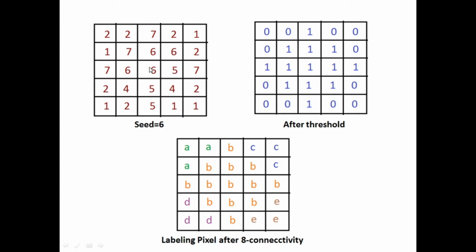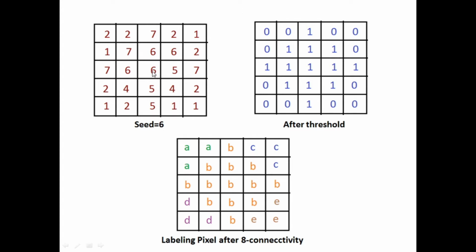Now the condition to expand the region is: seed value minus the pixel value is less than 3. So let me start from here. This 6 is surrounded by its neighboring pixels by using the 8 connectivity principle. So 6 minus 7 is less than the threshold. That means these two pixels are capable of forming a region. So these two come under one region.